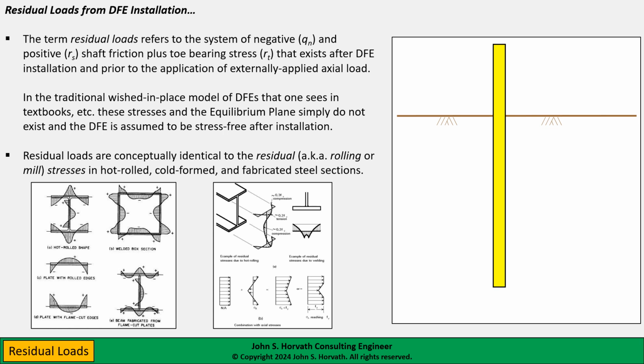For example, the well-known monotube pile in the United States or North America in general was cold formed. And you also get residual stresses in fabricated steel sections. So here's the typical residual stress distribution in a hot rolled H section, such as an H pile. And if you were to weld together a box section, you would get residual stresses as well.